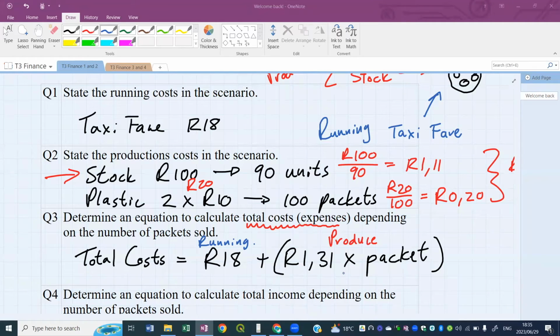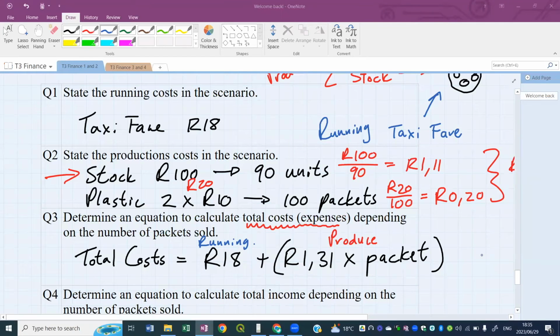So over here in the brackets, the production cost is 131 times the number of packets that she makes. It depends on how many packets she wants to make for the day. But you can give this equation to her and say, this will be your total cost equation for the day. This will tell you how much you're going to have to spend in this day, depending on how many packets you sell today.